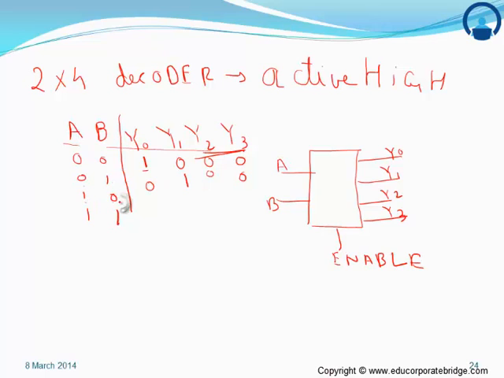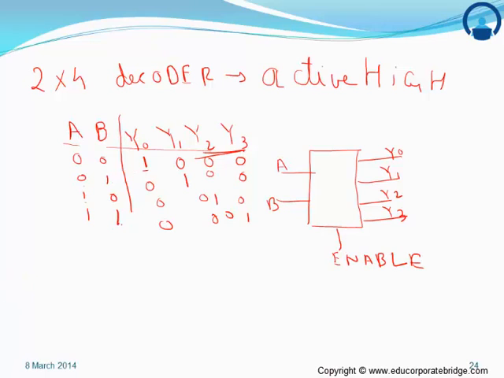Similarly, 10 gives 2, so Y2 will be high, rest all 0. And 11 gives 3, so Y3 will be high, rest all 0. This is for active high, where the selected output has 1.